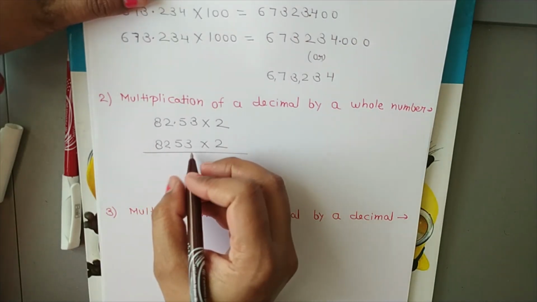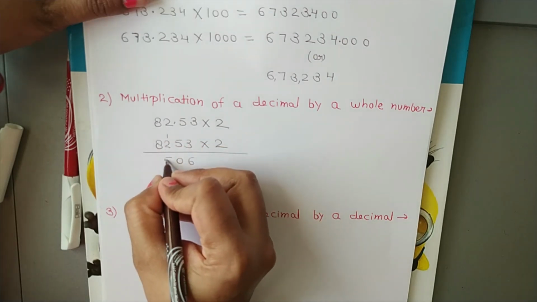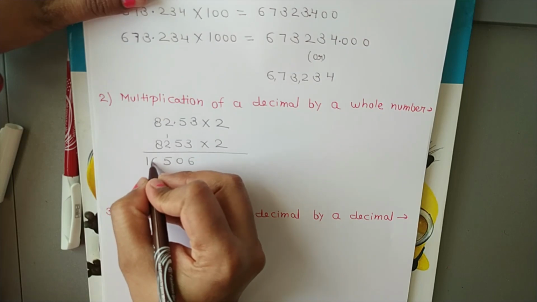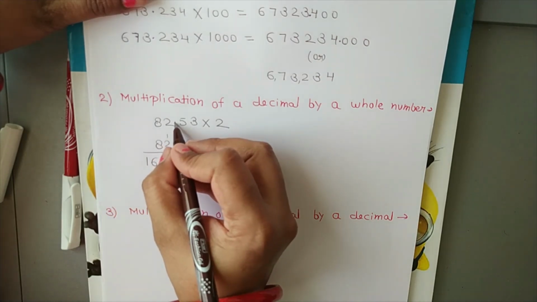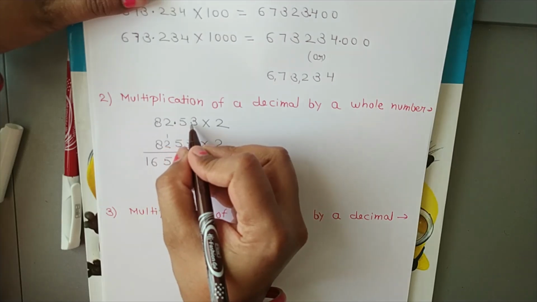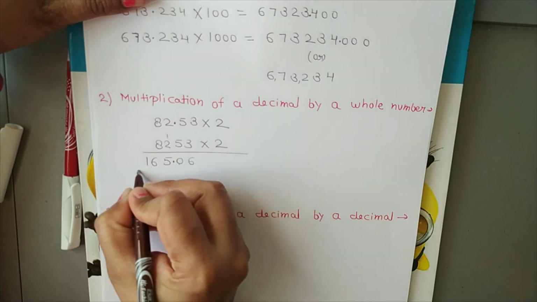Then 2 3s are 6, 2 5s are 10, 0, carry 1, 2 2s are 4 plus 1 is 5, 2 8s are 16. After that you have to put the decimal. After the decimal, how many digits are there? 2 digits. So you just count 1, 2 and put the decimal.